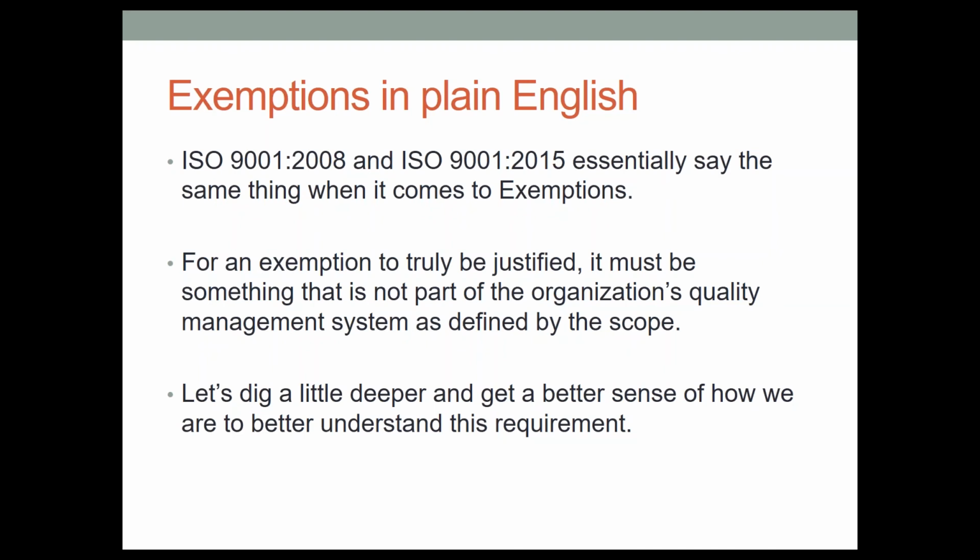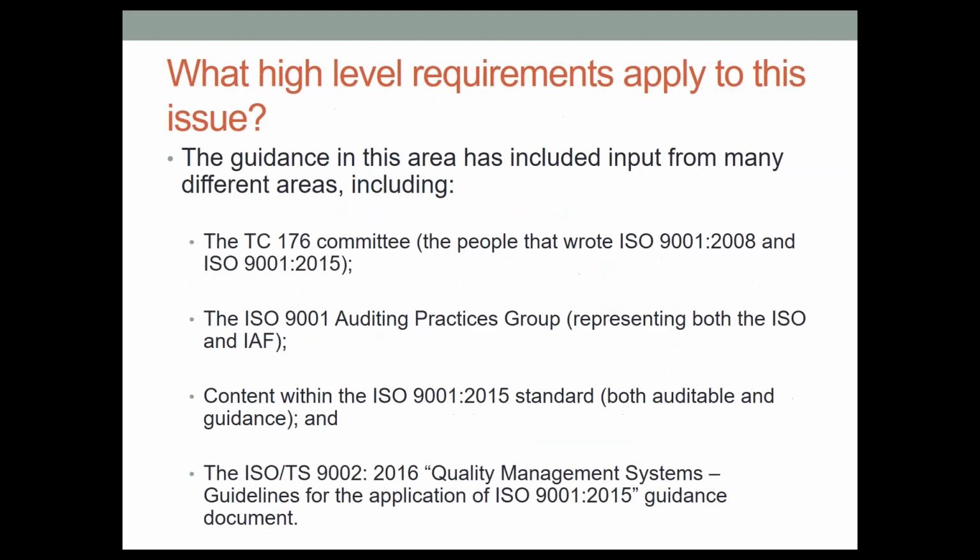Now let's dig a little deeper and get a better sense of how we are to understand this requirement. Let's start with some high-level requirements. We have guidance from the TC 176 committee. Now that's the committee that wrote ISO 9001 and is responsible for updating it. They wrote the 2008, the 2015 versions, all the way back to the original publication. We have the ISO 9001 Auditing Practices Group, or APG.